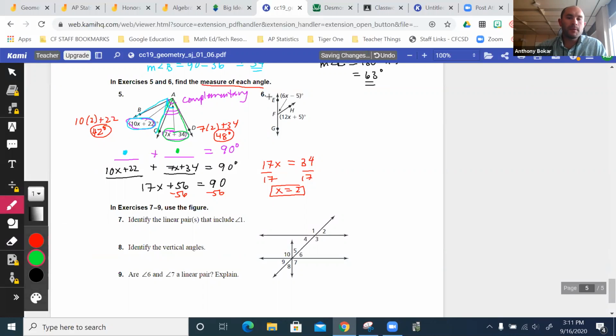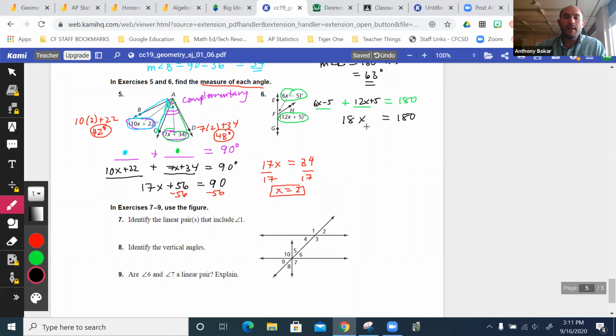And the next problem here, these two angles make a line, so they are supplementary. So this angle plus that angle has to be 180, and we can fill in what those are. That is 6x minus 5 plus 12x plus 5. Combine like terms: 6x and 12x make 18x, 5 and negative 5 make 0.